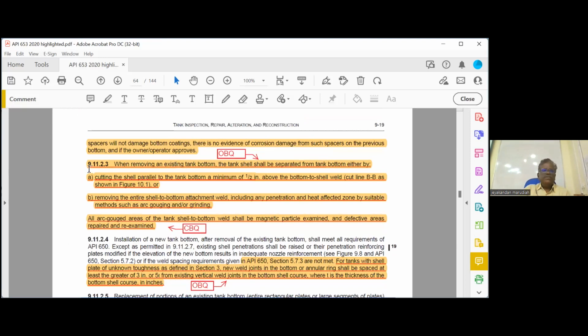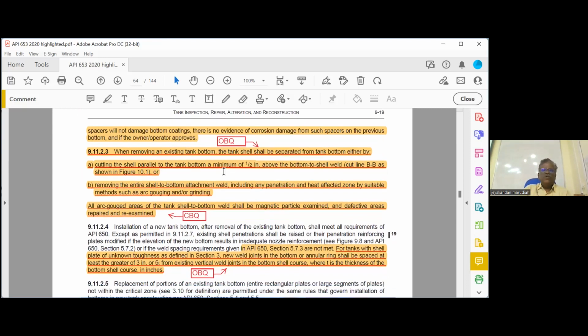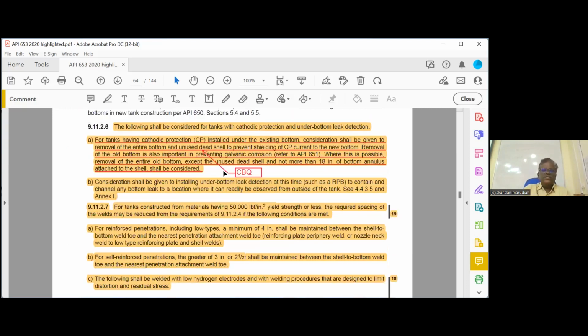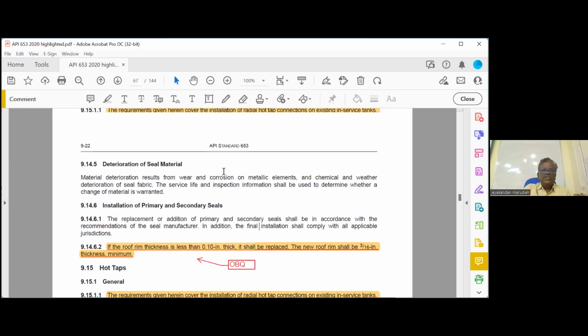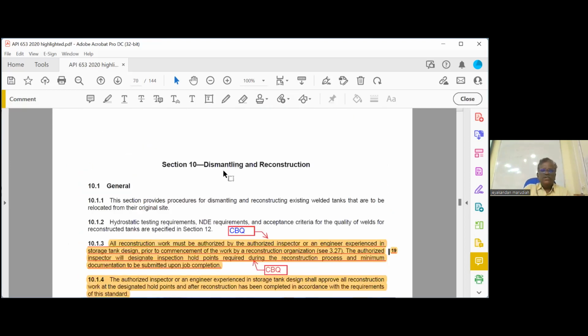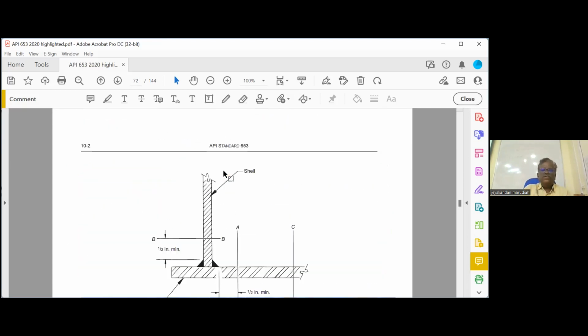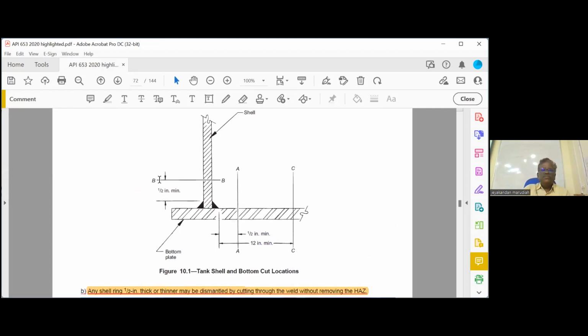Then 9.11.2.3: when removing an existing tank bottom, how will you remove the existing tank bottom? This is given in the next chapter actually. If you go to the 10th chapter, I will show you, but these are not important. We can cut BB and AA and remove this. We have to remove the entire old bottom.